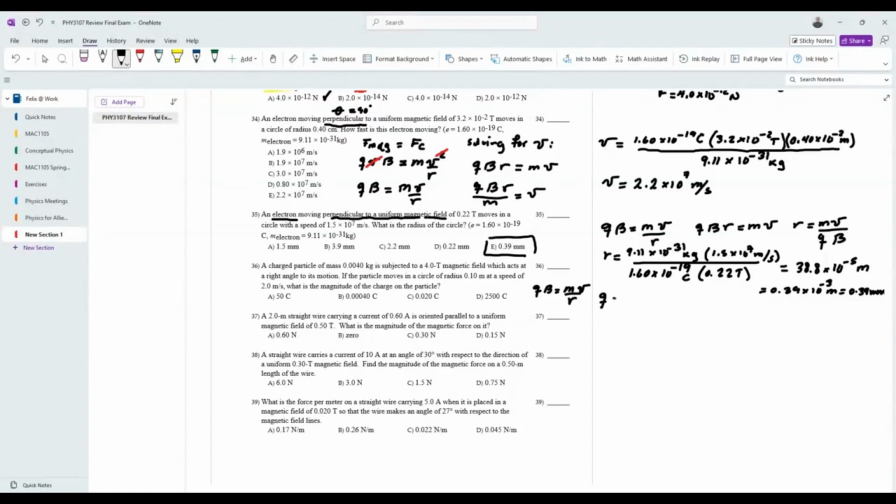We can say that the charge is equal to mass times velocity over the intensity of the field times the radius. Now, what is the mass here? The mass of the particle, 0.0040 kilograms.